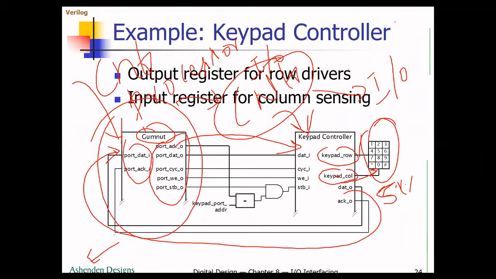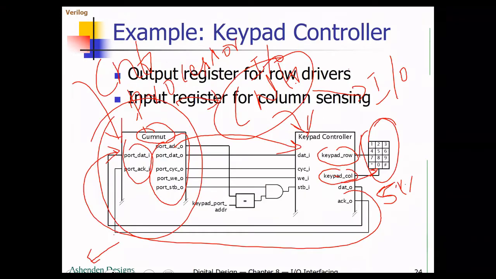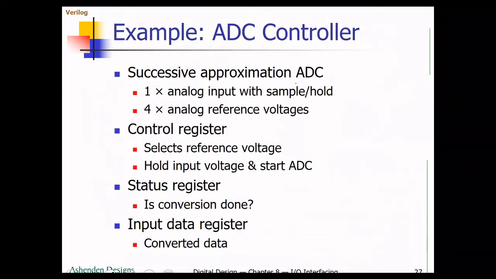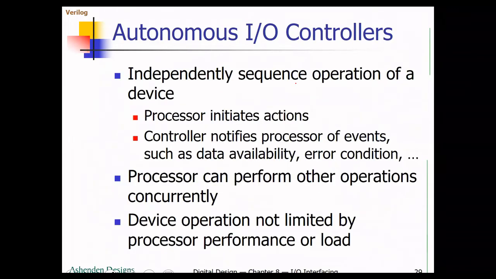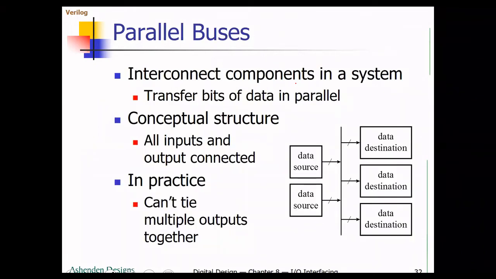Sir, can you spell Wishbone? Okay, Wishbone. Yeah, sure. I just come back. There is a Wishbone controller diagram also, I'll just show you. Okay, it is not here. I'll just spell it out.